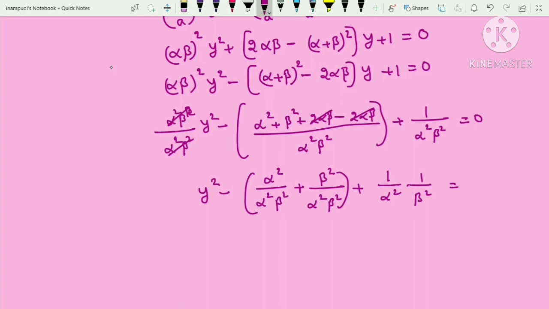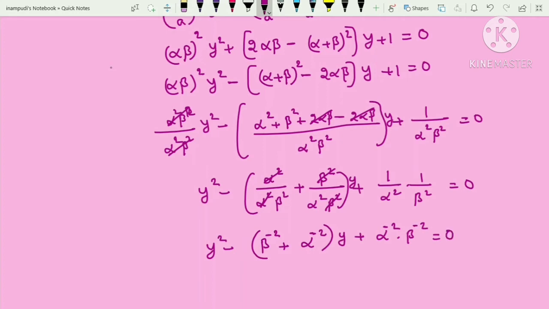So alpha² cancels, beta² cancels: y² − (beta^−2 + alpha^−2) y + alpha^−2 beta^−2 = 0.